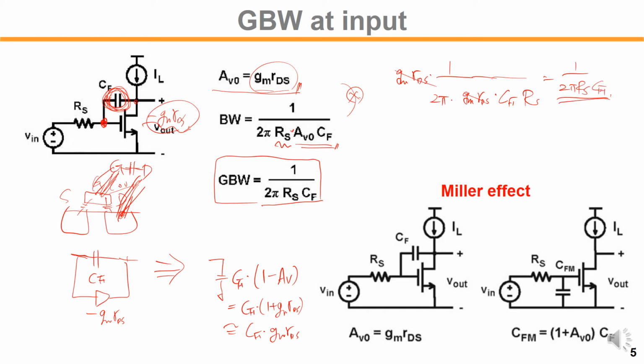So this is the bandwidth coming from the input. So this is the GBW, affected by 1 over 2 pi RS CF.